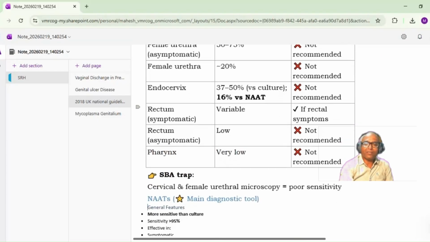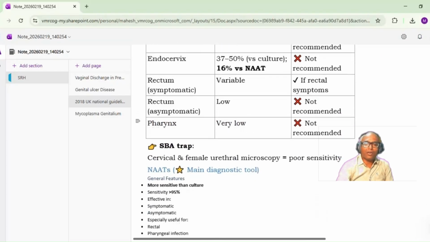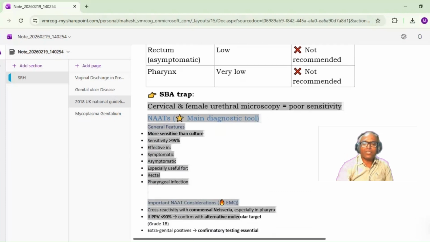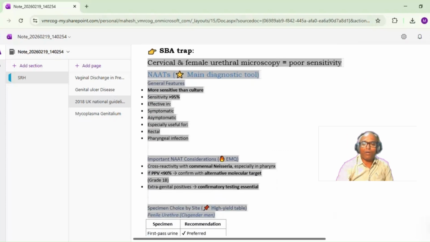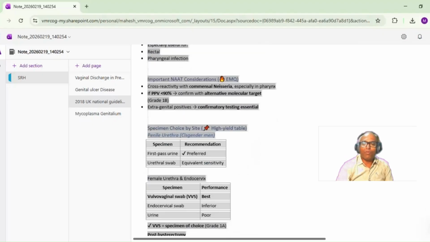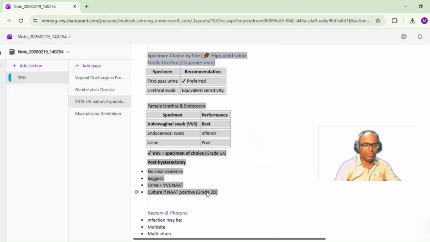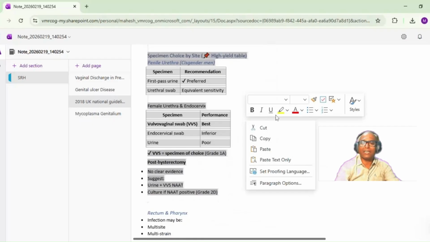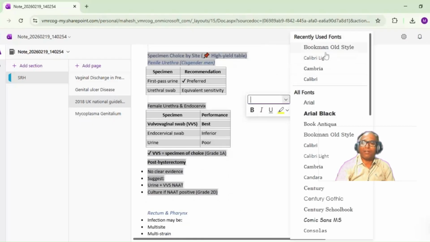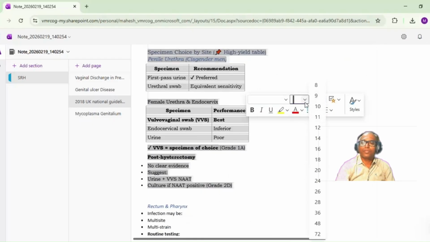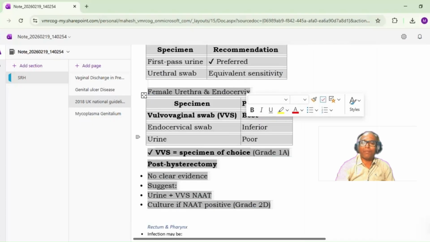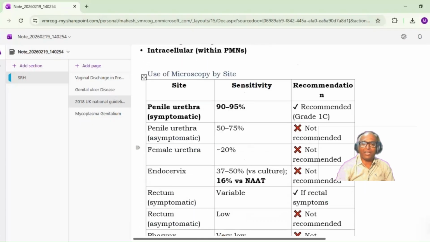However, if it is an infection involving the vagina and urethra, the site of swab is the vulvovaginal swab. So if you are asked for the swab, select the vulvovagina, because the penile urethra is for symptomatic cases in males.